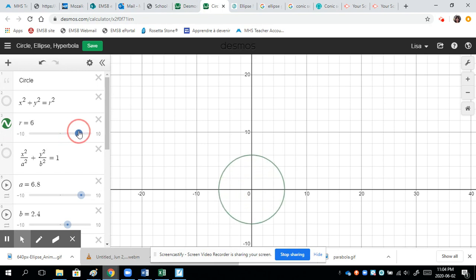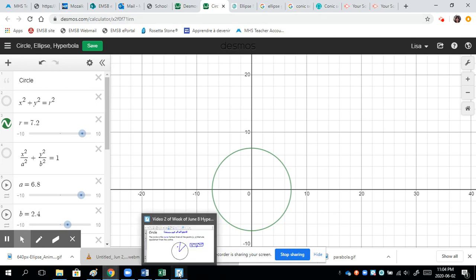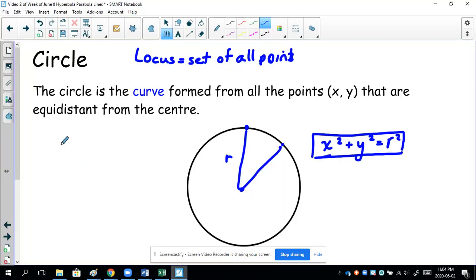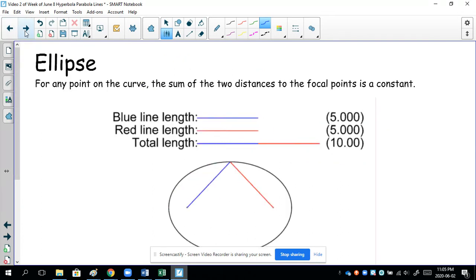Okay, I'm making the radius larger. The circle is centered at the origin. That's the equation I have right here. And there's my equation of the circle. X squared plus y squared equals r squared. Okay, so that's what I'm going to do now. I'm going to go through each conic section, each equation, and then show you on Desmos.